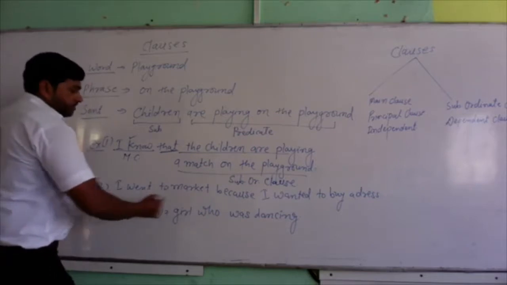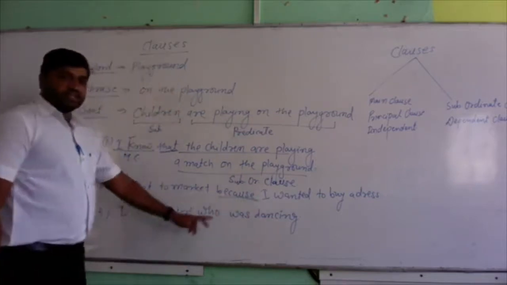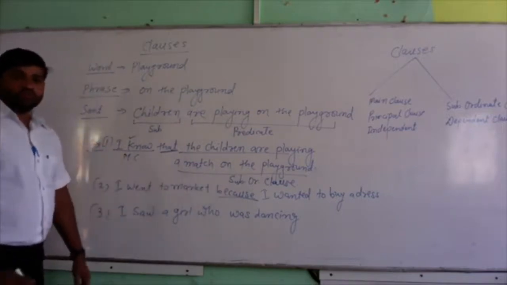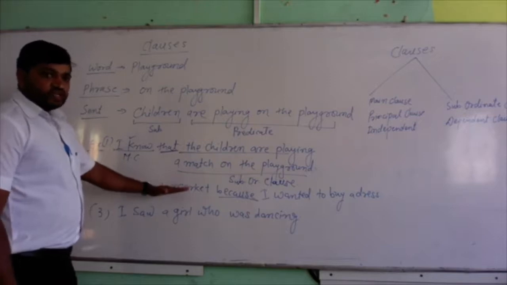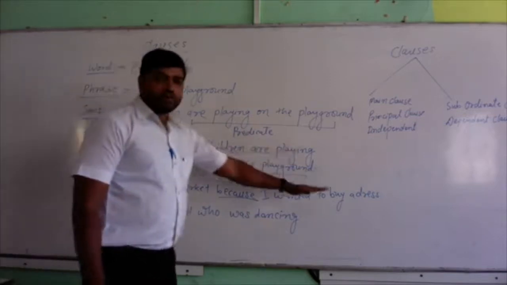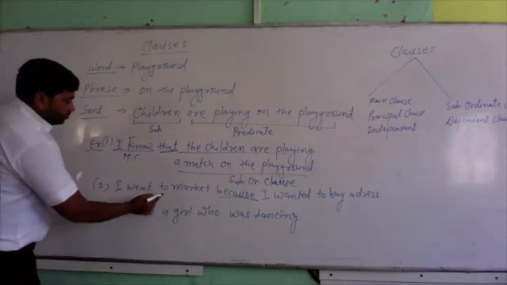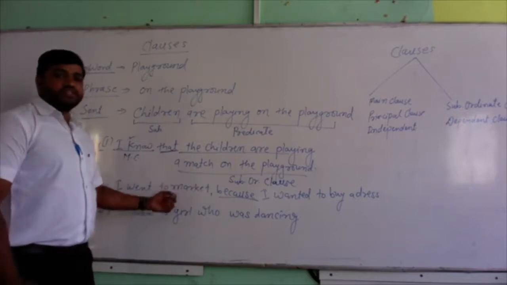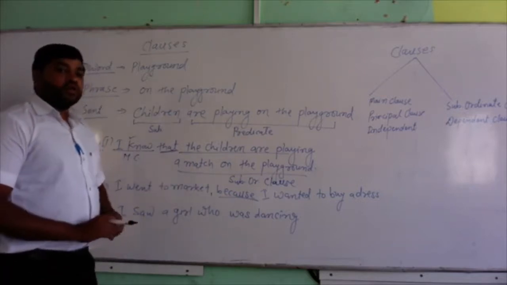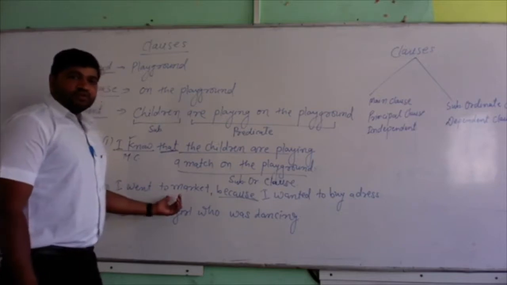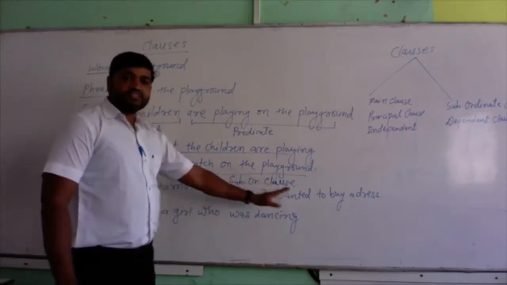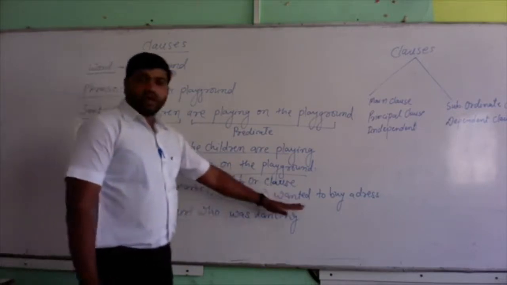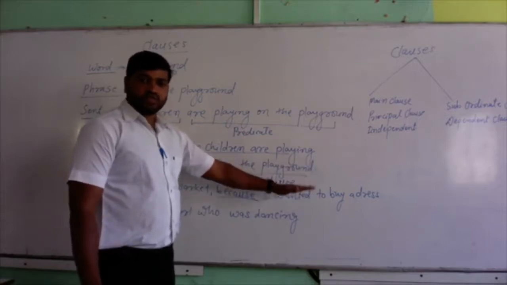In these three examples, second example, I went to market because I wanted to buy a dress. Here, we also use a connector because it's a complex sentence, and in this sentence also there are two clauses. Which is the main clause or principal clause, and which is the subordinate clause? So, dear student, as I told you, the part of the sentence which completes its meaning itself is called the principal clause or main clause, and the part of the sentence which depends on another part for completing its meaning is known as the dependent clause or subordinate clause.